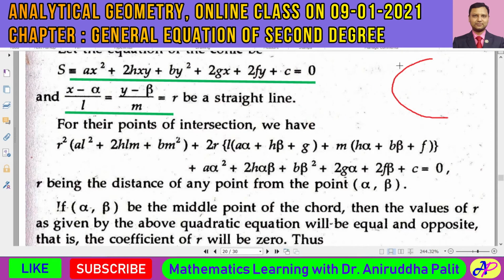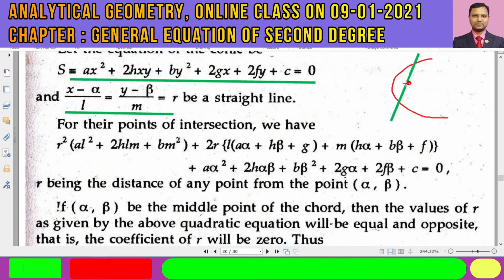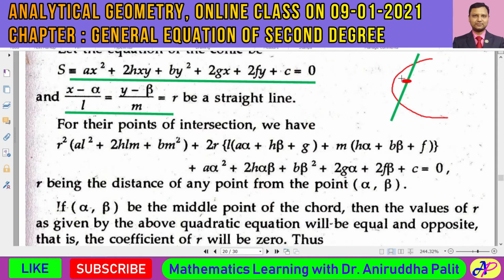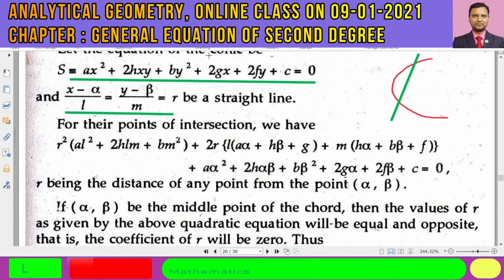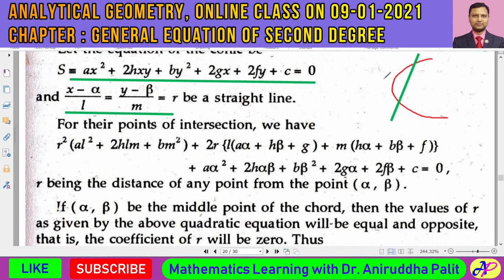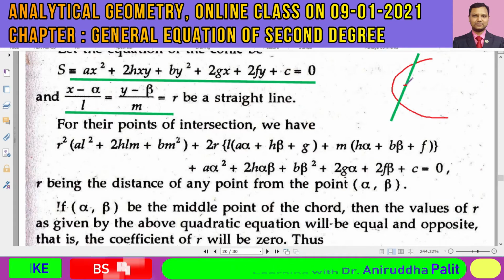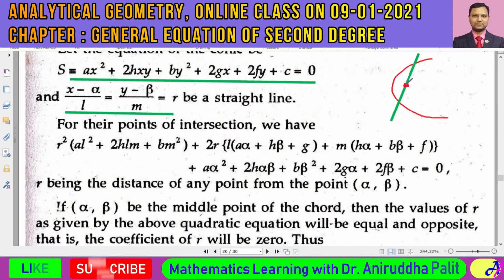and suppose we have a straight line. Suppose this kind of point over here is the middlemost point.